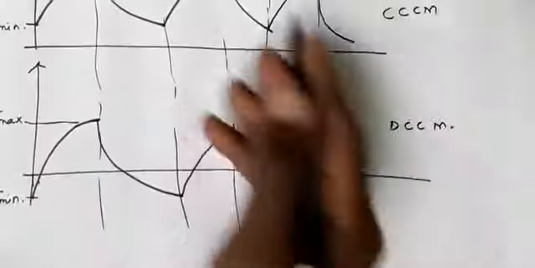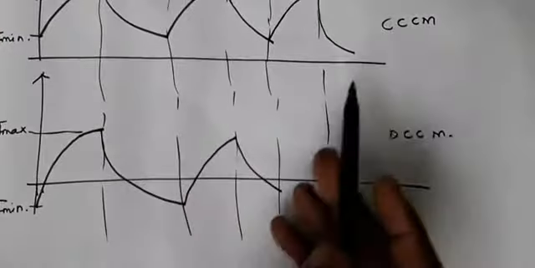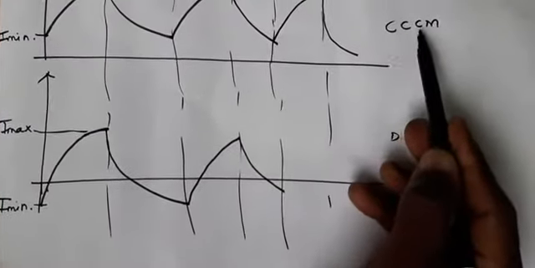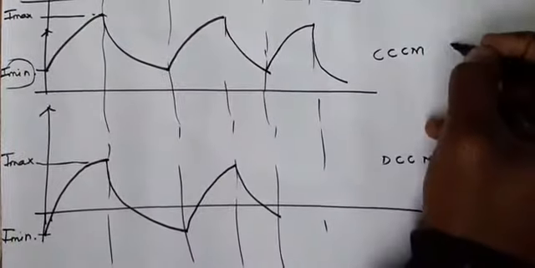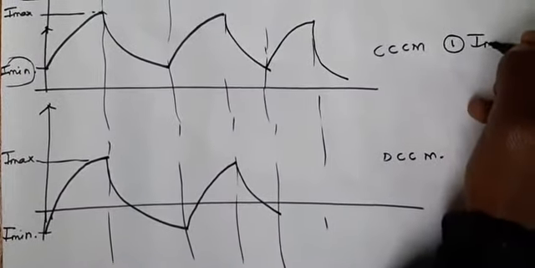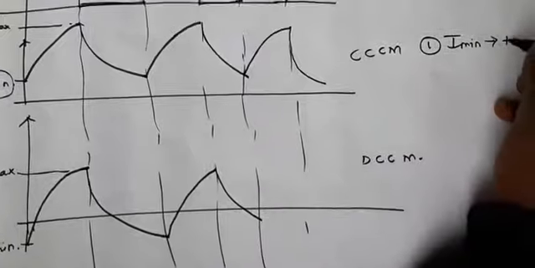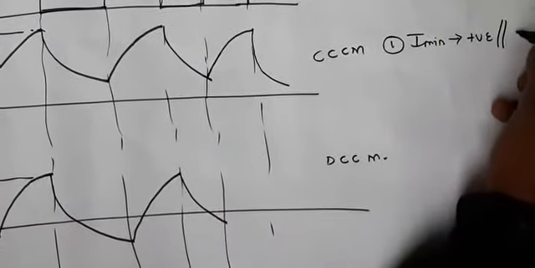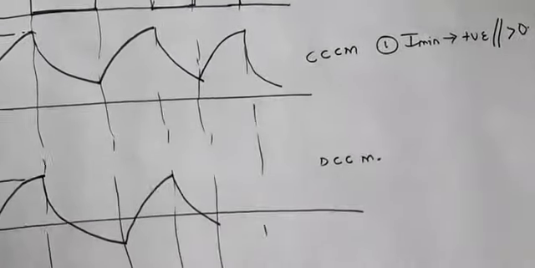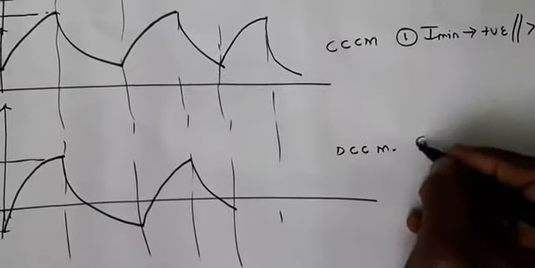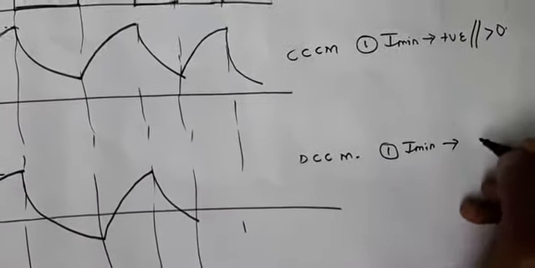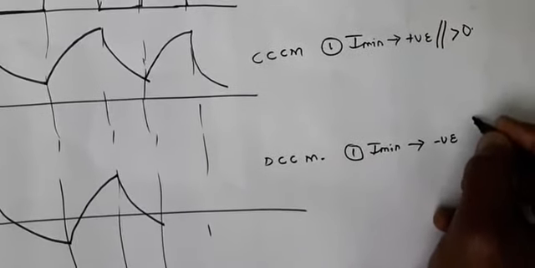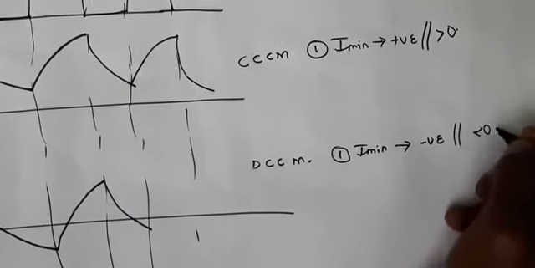When you look at these two current waveforms, we see that in continuous current conduction mode, the value of Imin is positive, or otherwise we can say it's greater than 0. In discontinuous current conduction, the value of Imin is negative, or otherwise you can say it's less than 0.